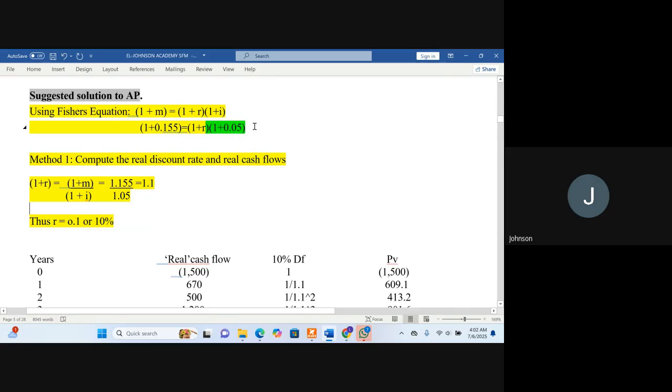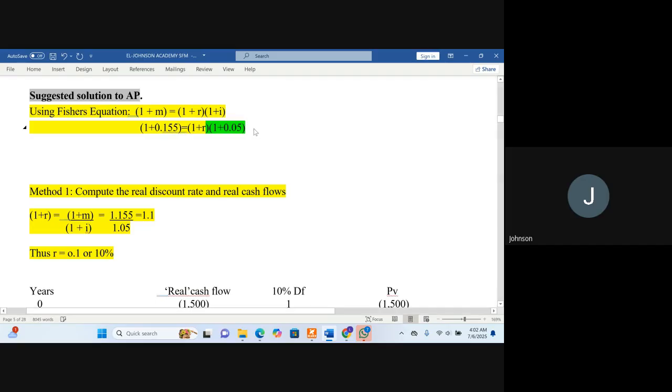But let me still do it because I know some people will not be able to do this by themselves. So here will be 1.155 equal to 1 plus R, close your bracket, then open your bracket and say 1.05, close the bracket.